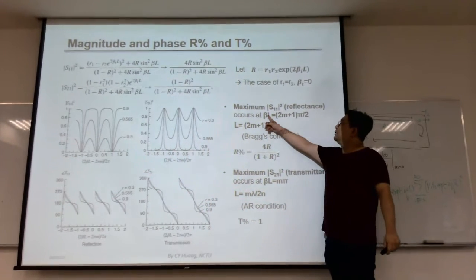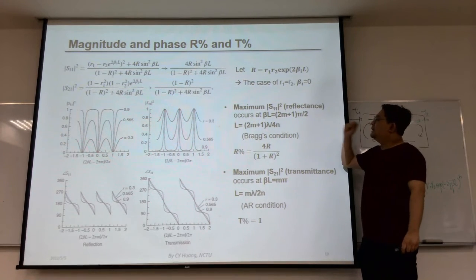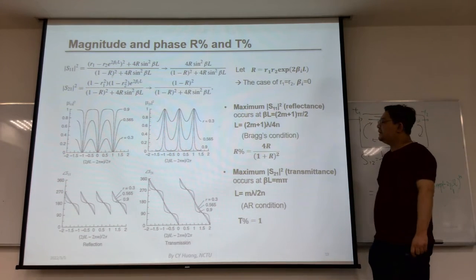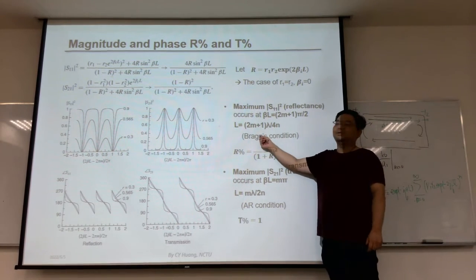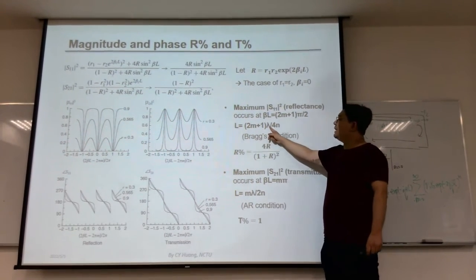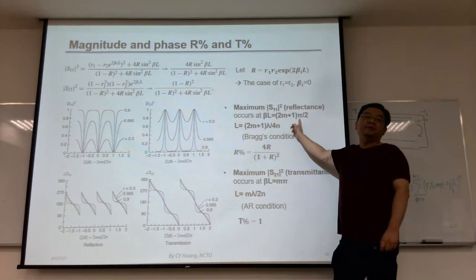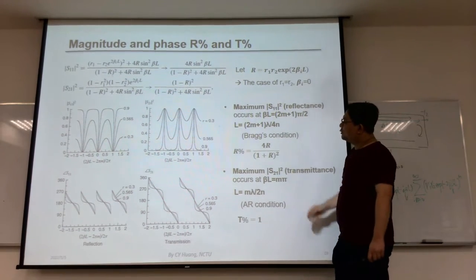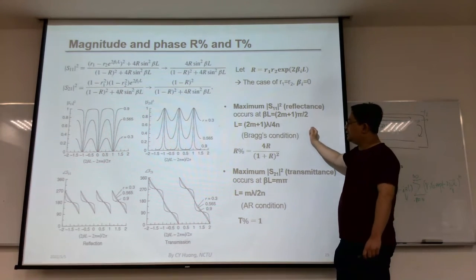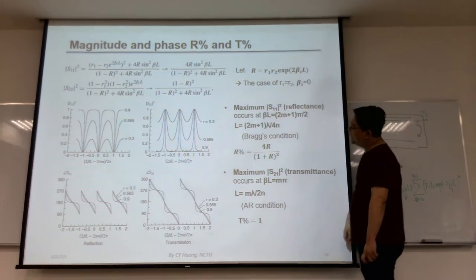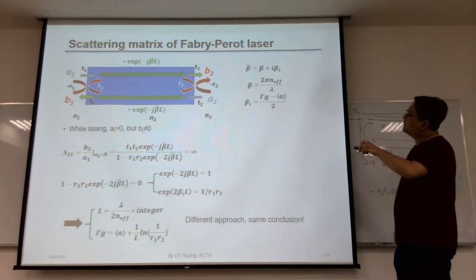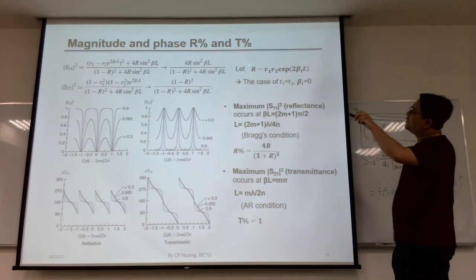That means beta L should be an odd number of half pi. Then it is the Bragg condition. The thickness should be (2n plus 1) lambda divided by 4n. For this case, you will reach its maximum reflectivity with a single layer, and it will be 4R divided by 1 plus R squared. That is the case where the large R is this value.